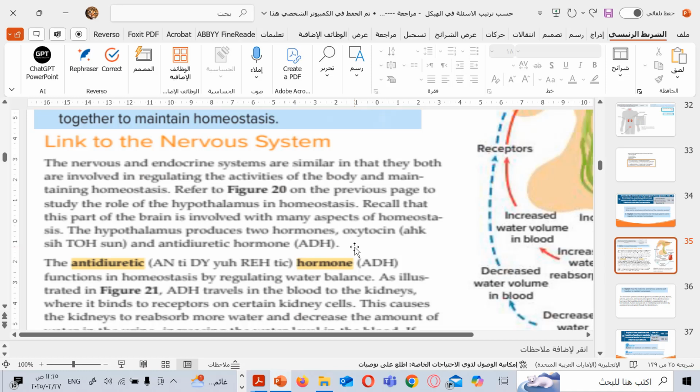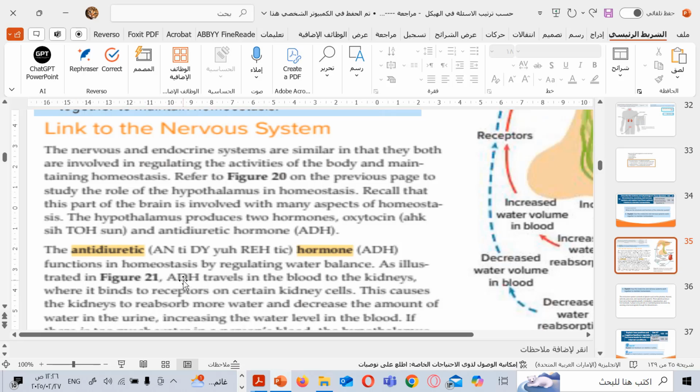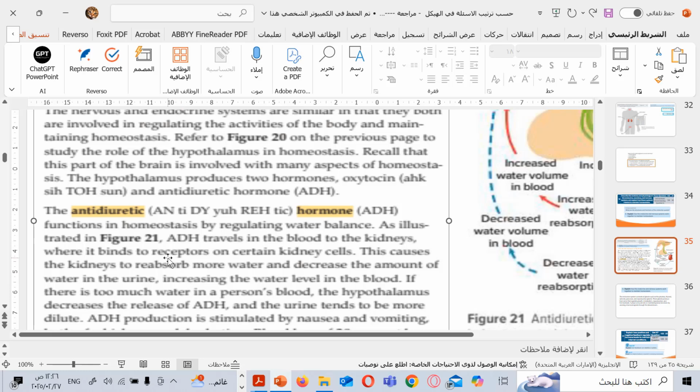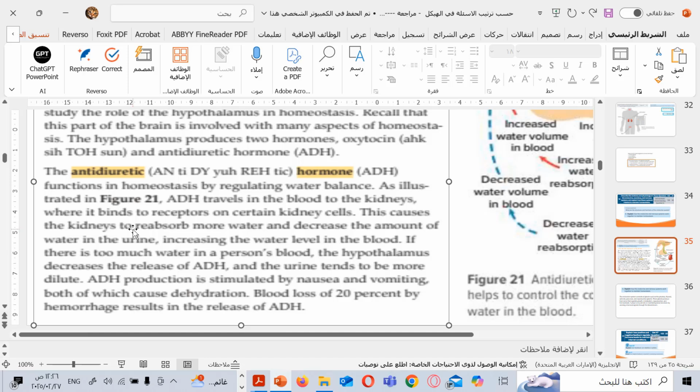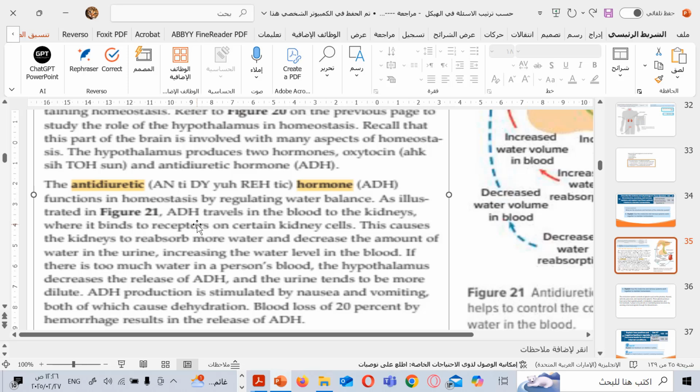The antidiuretic hormone ADH functions in homeostasis by regulating water balance, as illustrated in figure 21. And oxytocin makes the uterus push the baby out.